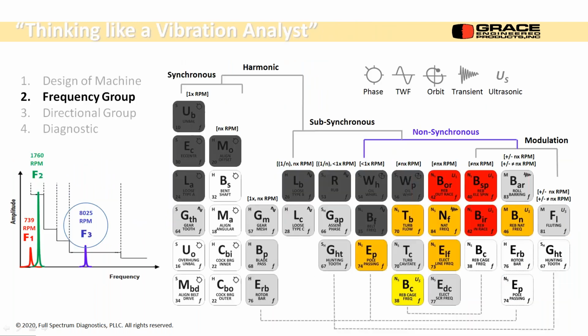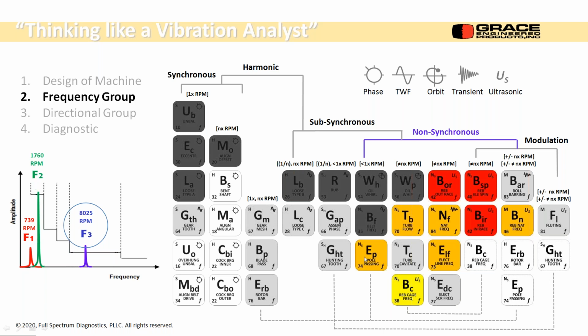Okay. So frequency group, non-synchronous. Some of them we've gotten rid of already. There's a couple more we can get rid of. Pole pass frequency, it has an electrical response that isn't in our spectrum. Should be at 7200, so that one doesn't apply. Electrical line frequency, same thing. We should see some type of 2 times line frequency in there.